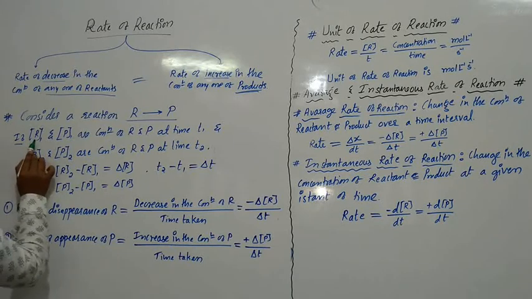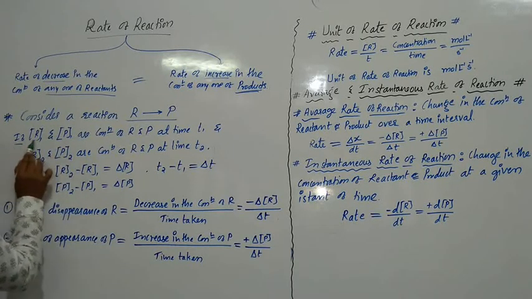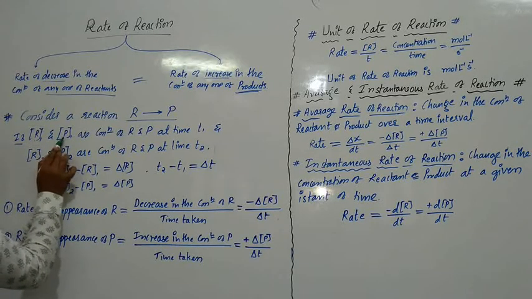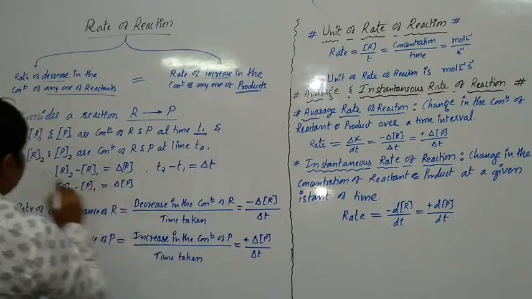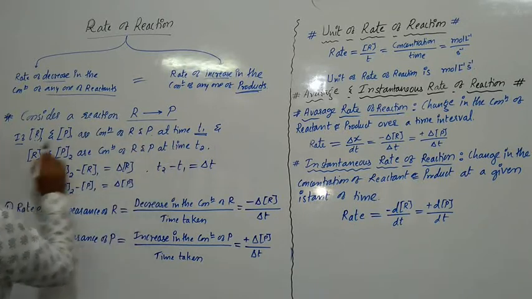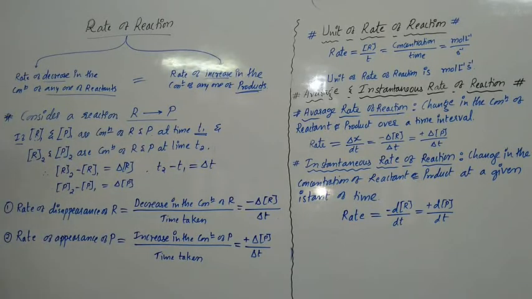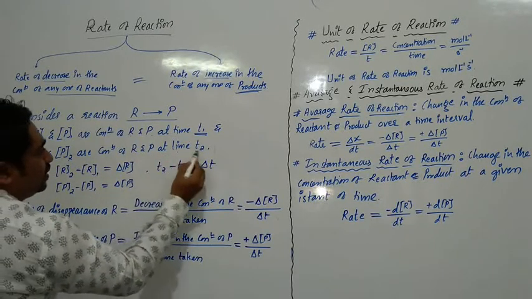[R]1 means the initial concentration of the reactant and [P]1 means the initial concentration of the product. This is the concentration of reactant and concentration of product at time t1. They are mentioned by 1 and 1. And these two are the concentration of reactant and concentration of product at time t2.